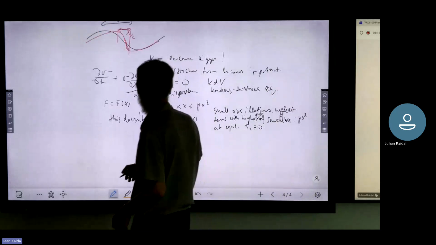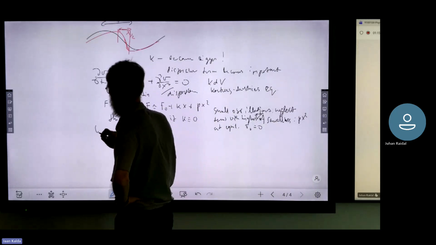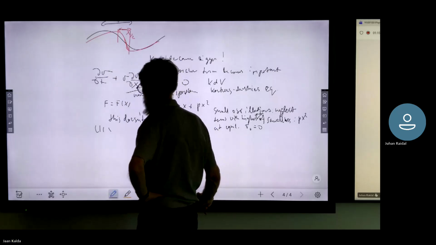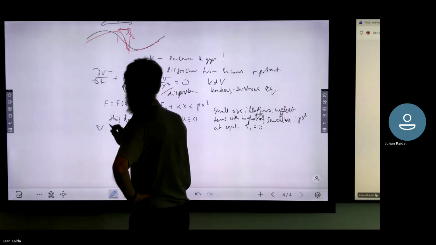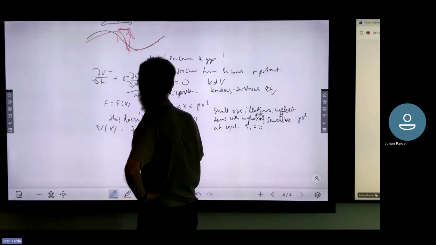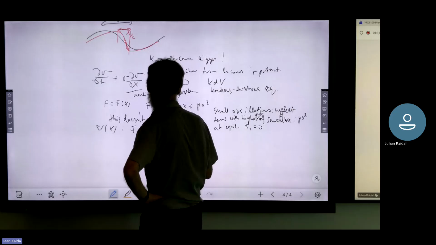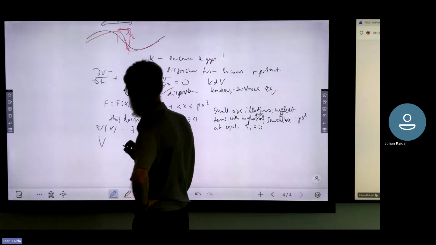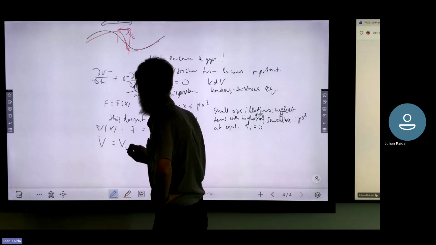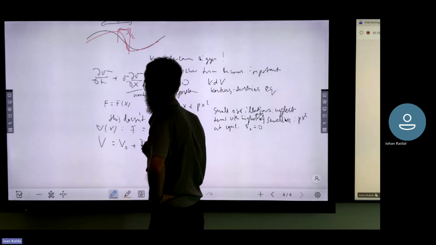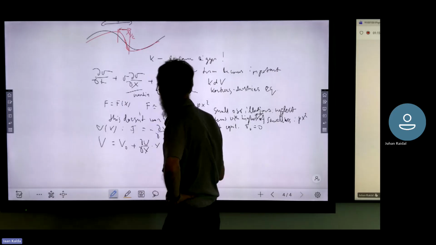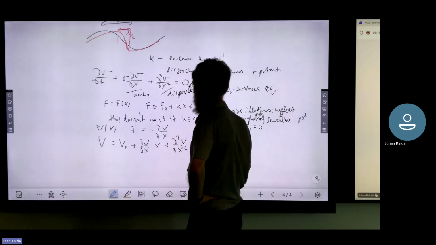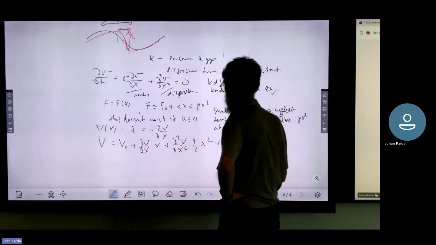Or in terms of potential, if we have V of x, so that F is minus dV over dx, all right? And then we say that V is a certain V naught plus dV over dx multiplied by x plus d squared V over dx squared times one half x squared, and so on.